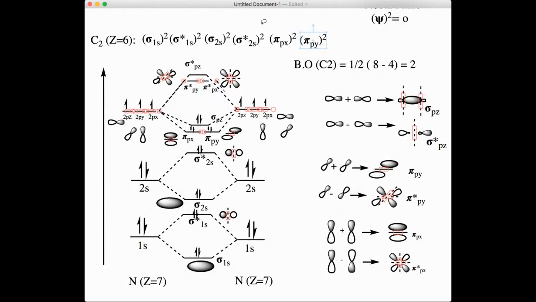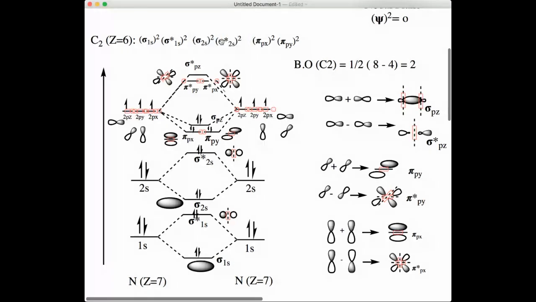So the electronic configuration of a molecule of N2 will be, I'm going to put this slightly smaller, will be sigma 1s2, sigma star 1s2, sigma 2s2, sigma star 2s2, nothing new.